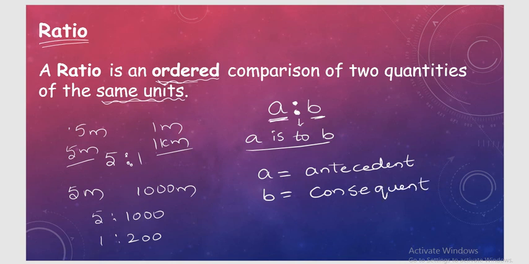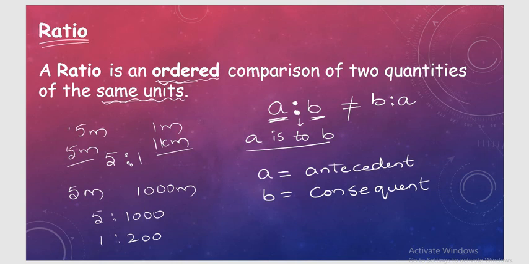So A is to B is not equal to B is to A. That's why we need to see the order. The order is very important, so if you change the order, then automatically the ratio goes wrong, right?